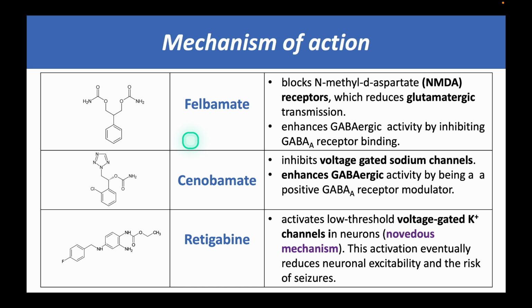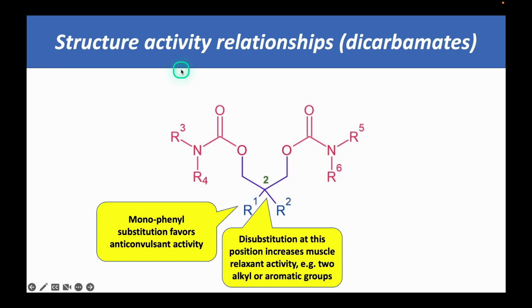Additionally, Felbamate blocks the NMDA receptors of the excitatory neurotransmitter glutamate, and Cenobamate inhibits voltage-dependent sodium channels. On the other hand, Retigabine has a novel mechanism, the activation of voltage-dependent potassium channels. In this sense, Retigabine can be considered a pioneering drug.